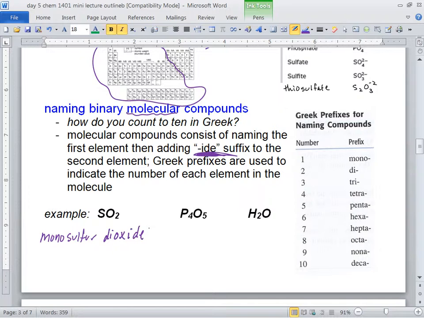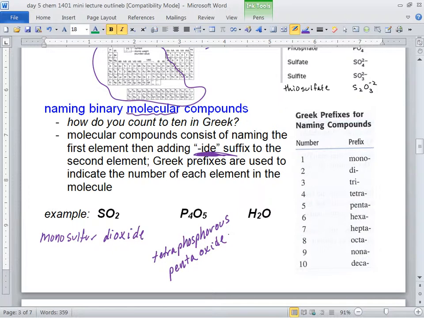How about P4O5, Giselle? 4 phosphoruses and 5 oxygens. How would you name that? Tetraphosphorus. Wait, I gotta spell phosphorus. Phosphorus. Okay. And penta. Oh, not oxygen though. Oxide.